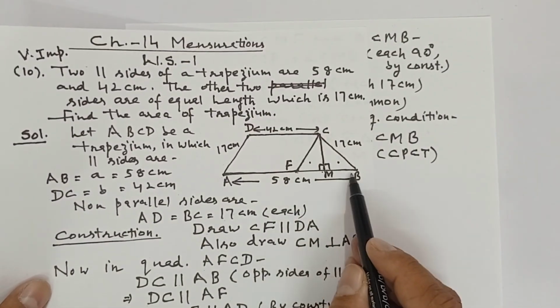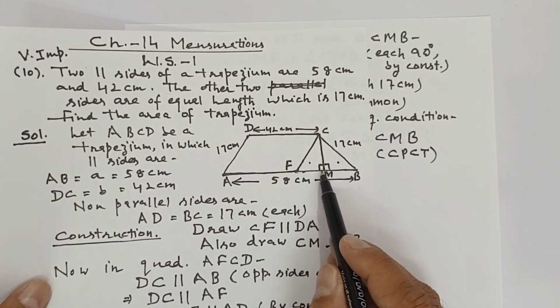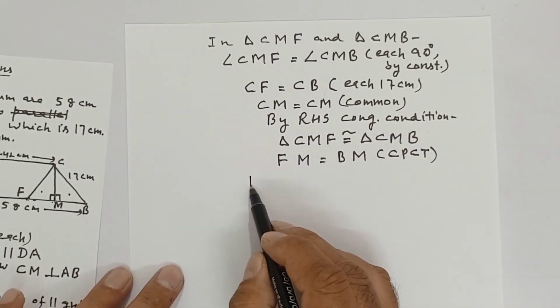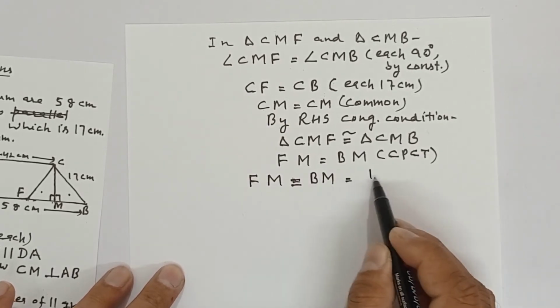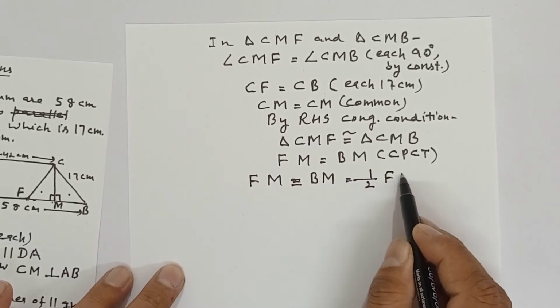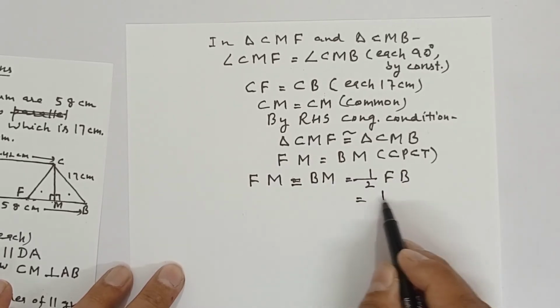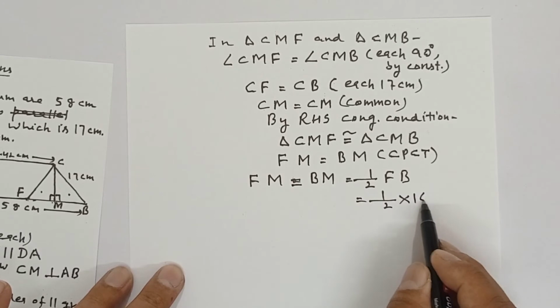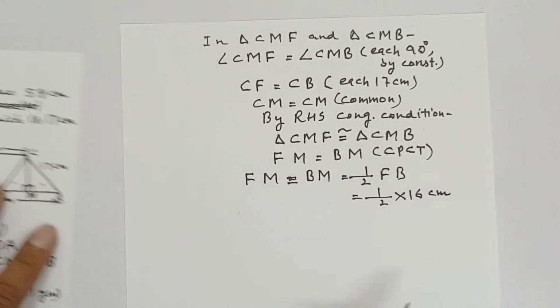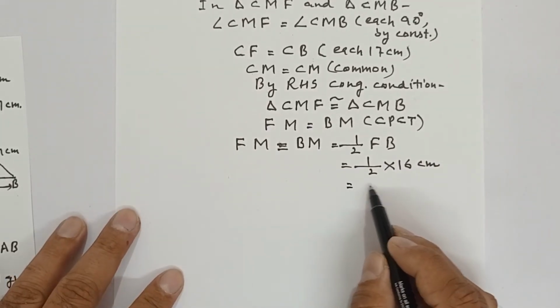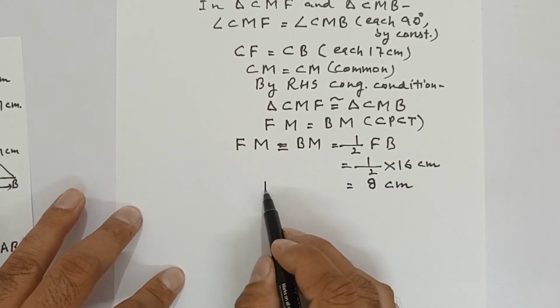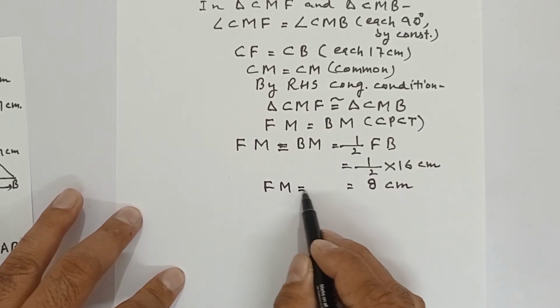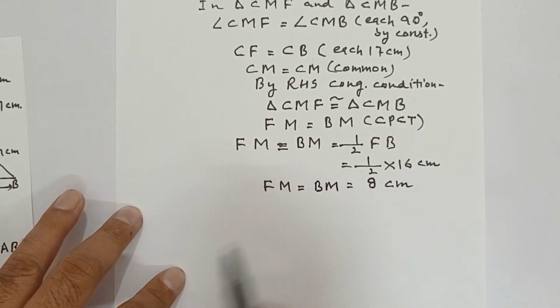So FM and MB will be equal because of CPCT. FM is equal to BM and both these are half of FB, that is 16 centimeters. So 2 8s are 16, 8 centimeter. So FM is 8 and BM is also 8.